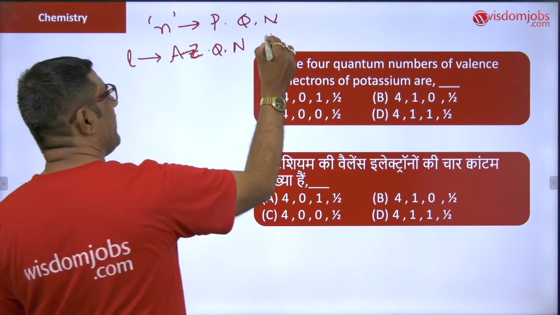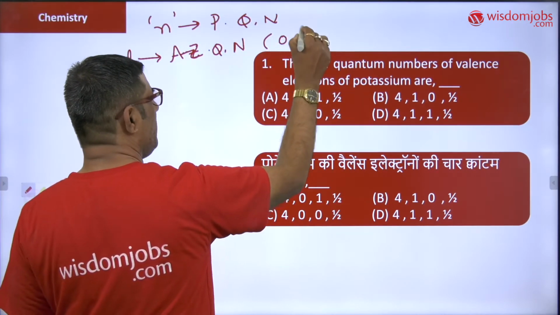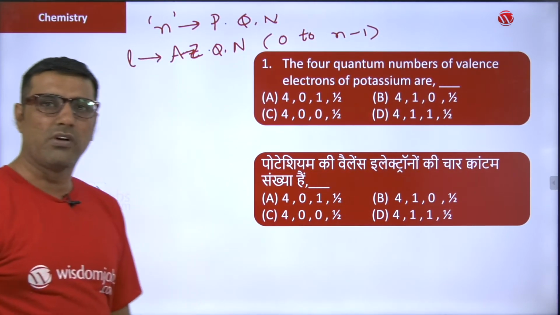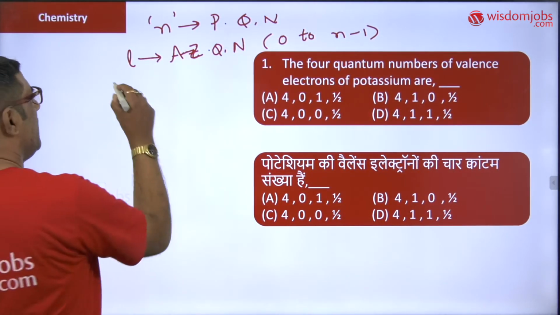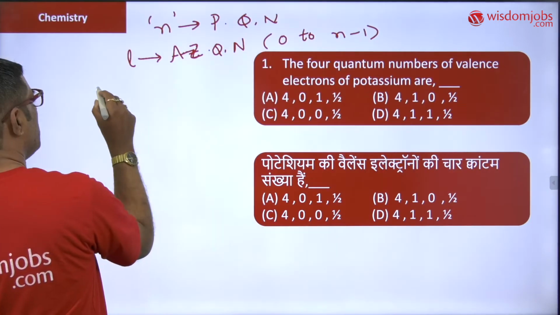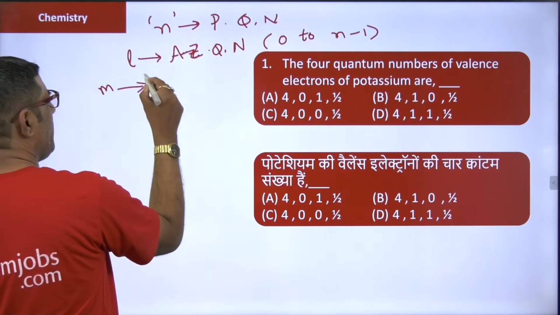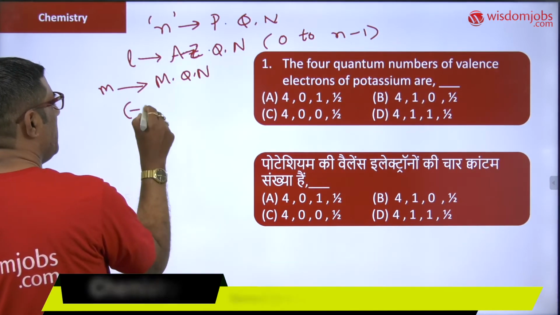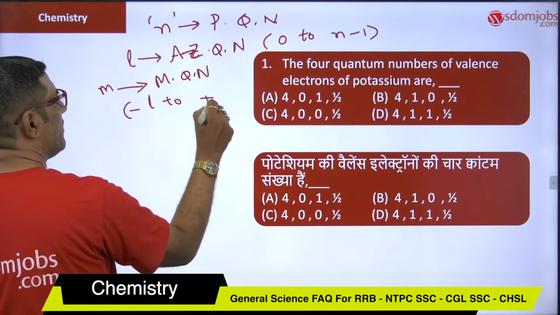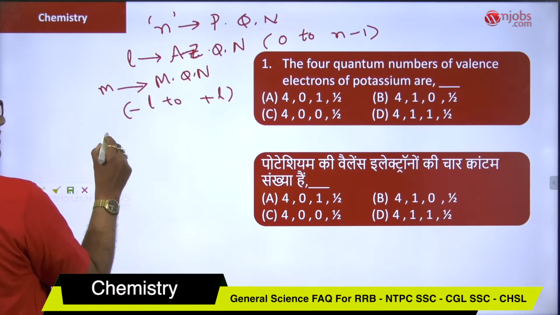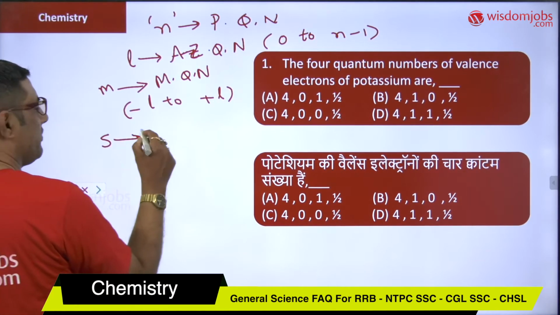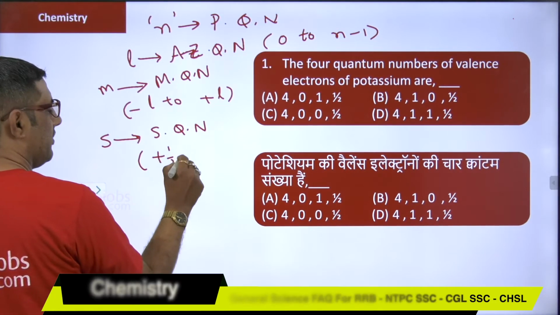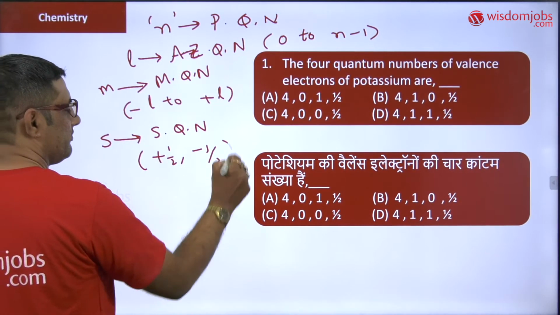It takes values from 0 to n minus 1. m is the magnetic quantum number and it takes values from minus l to plus l. And lastly, the spin quantum number has a value of either plus half or minus half.